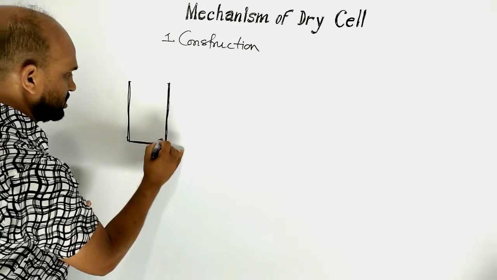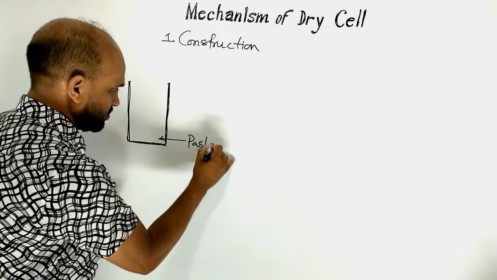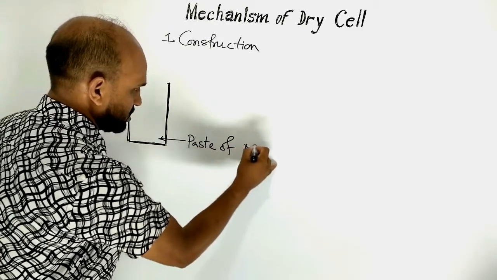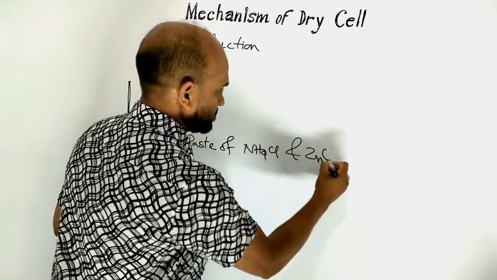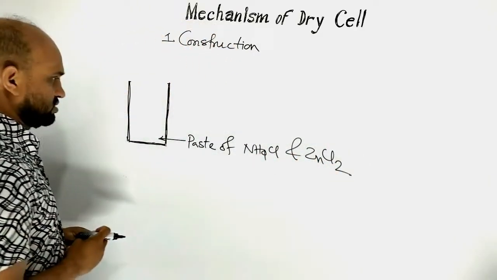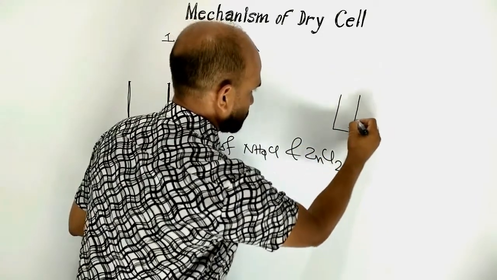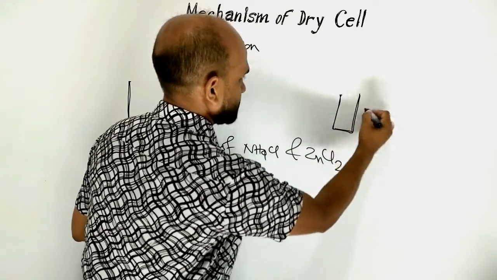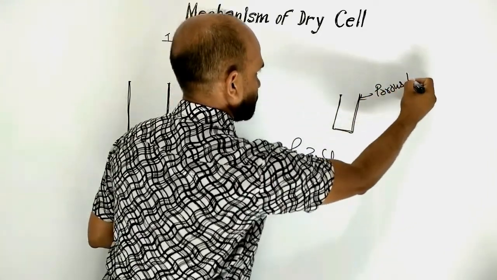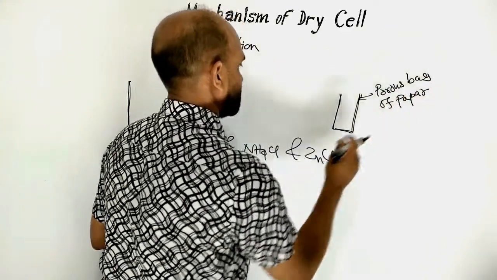In the cylindrical zinc vessel, a paste of ammonium chloride and zinc chloride is taken, and another bag, which is a porous bag of paper or cardboard.